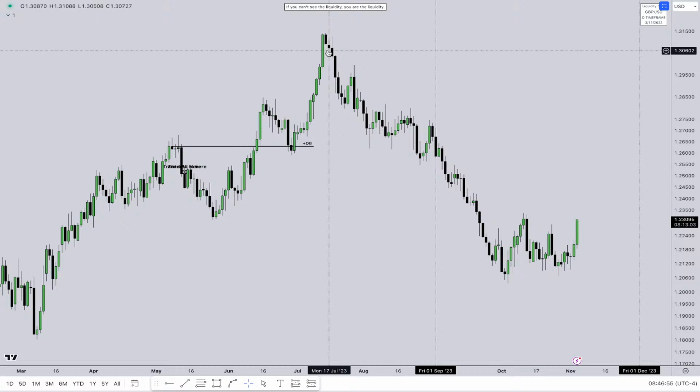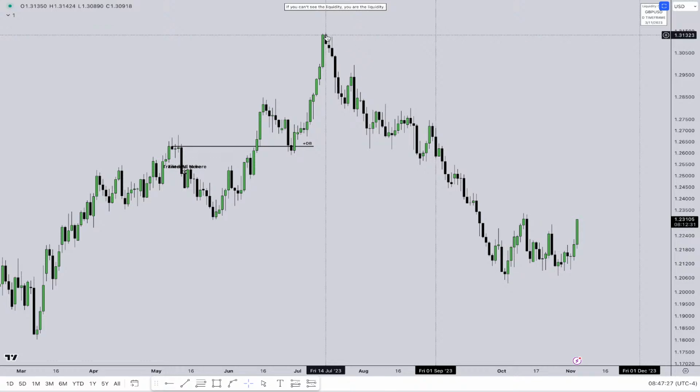And you can see what is the high here. This was the high, and it is the 14th of July 2023. It is exactly the second week of July. And it was Friday. We formed the high of the year.